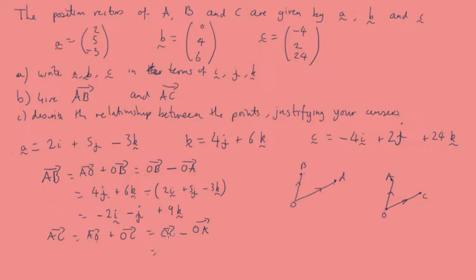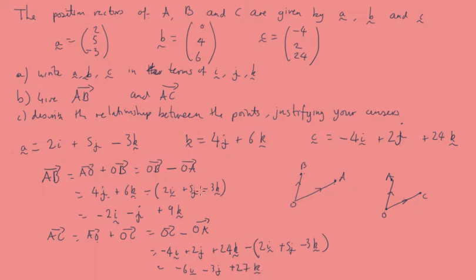So our position vector for point C is minus 4i plus 2j plus 24k. And then we're going to minus this again, so 2i plus 5j minus 3k. Working all that out, we get minus 6i minus 3j plus 27k.